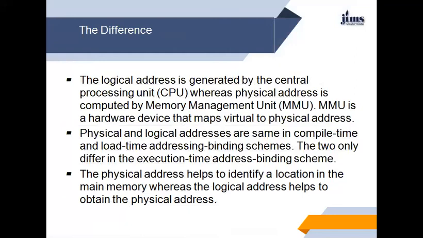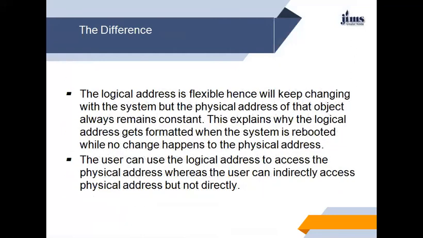Physical and logical addresses are the same in the compile time and load time address binding schemes. The two only differ in the execution time address binding scheme. The physical address helps to identify a location in the main memory, whereas the logical address helps to obtain the physical address. These are the differences between logical and physical addresses. There are two more.